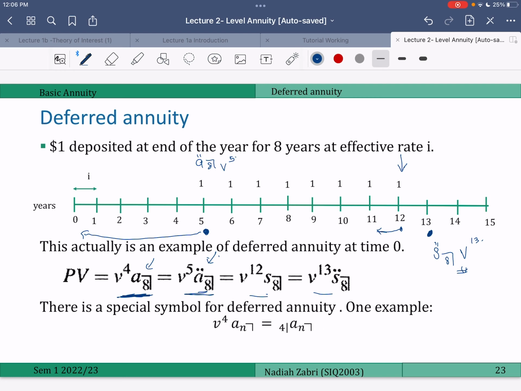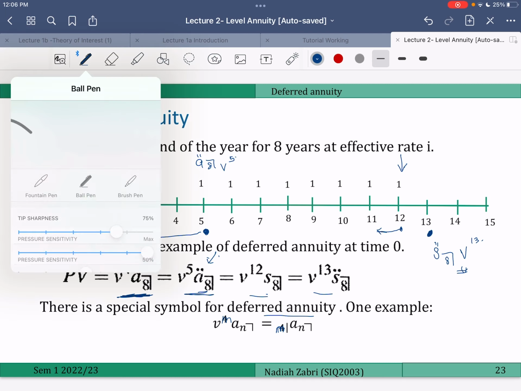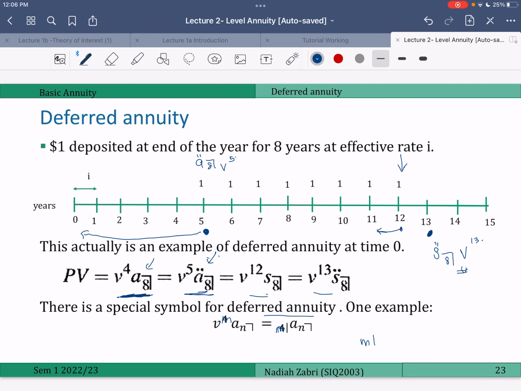Okay, there is a special symbol for deferred annuity. We write it as follows. I think we should write this one as M. So V to the power of M, A angle N, we can also write it as M bar A angle N. When we put a bar like this, we are saying that this is deferred by M years, and the annuity itself is an N year annuity.